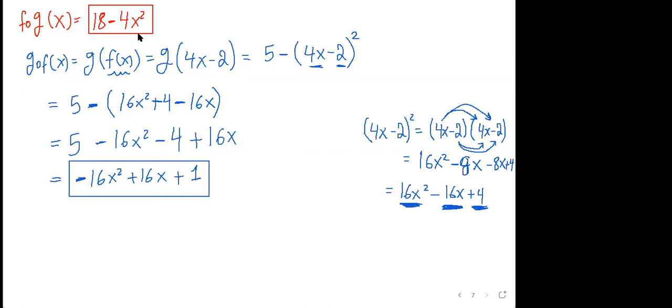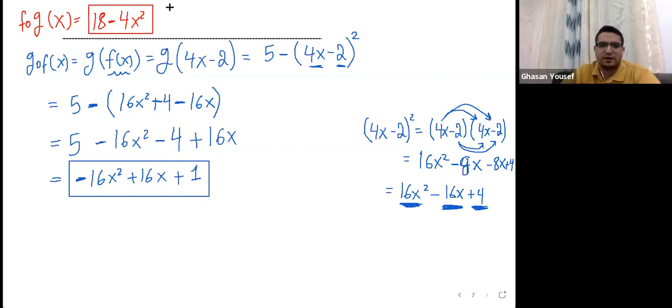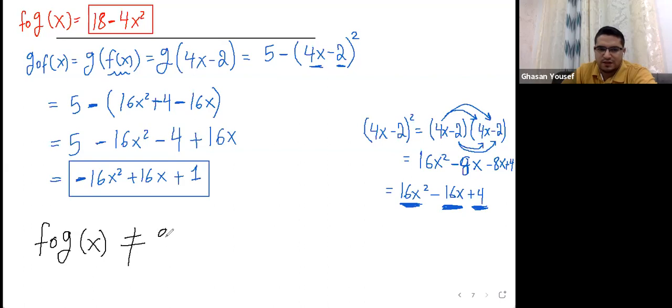No, the answer is no. As we see here, f circle g is not the same as g circle f. So I can write that f circle g of x is not the same as g circle f of x.